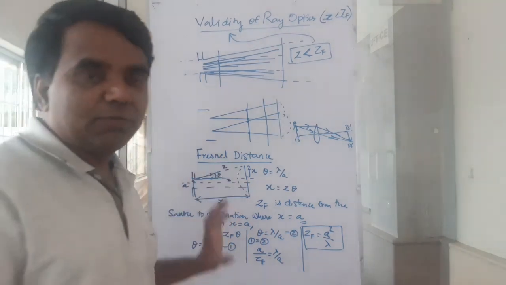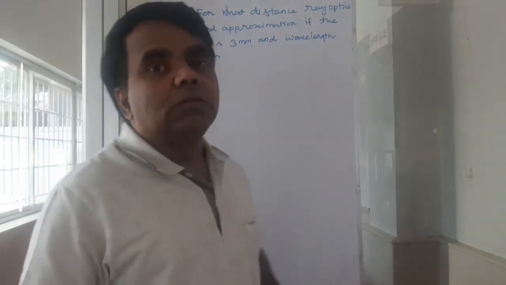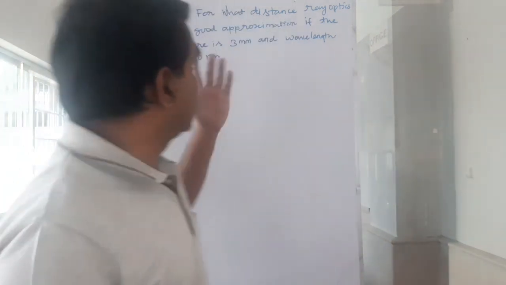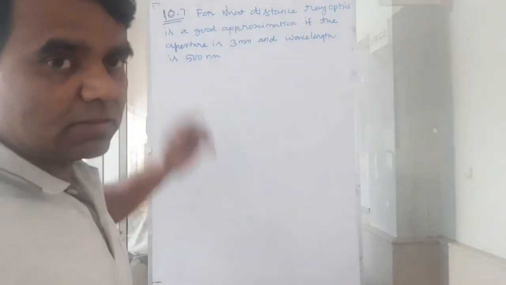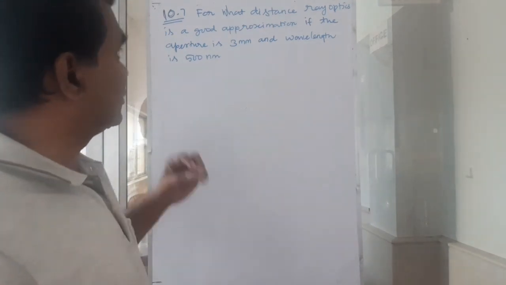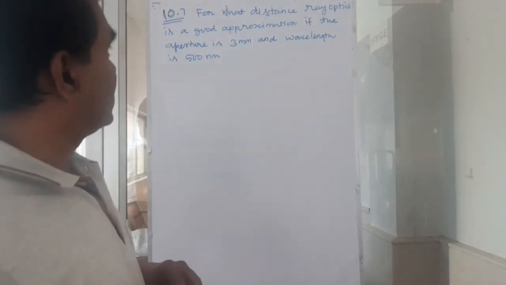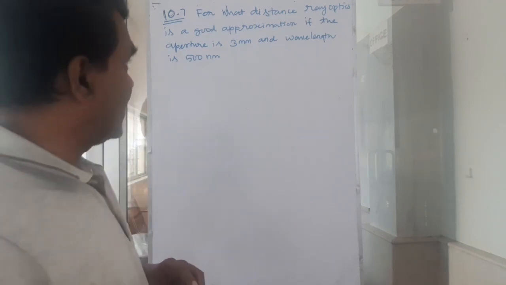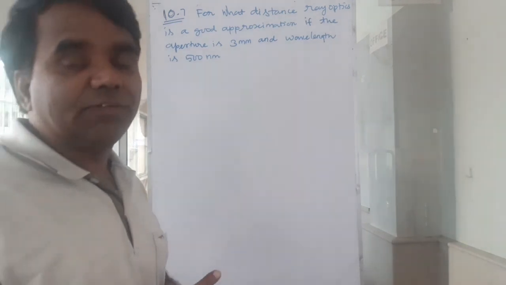So we'll do a small problem to illustrate this. Okay, we'll do example problem 10.7. This is a problem. For what distance ray optics is a good approximation if the aperture is 3 mm and wavelength is 500 nanometers?